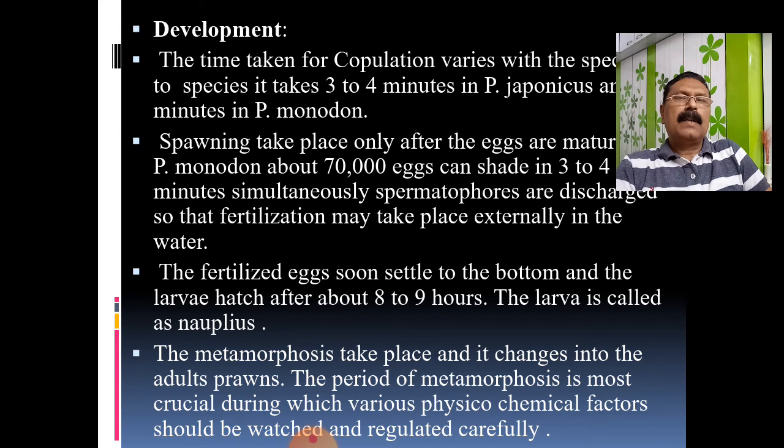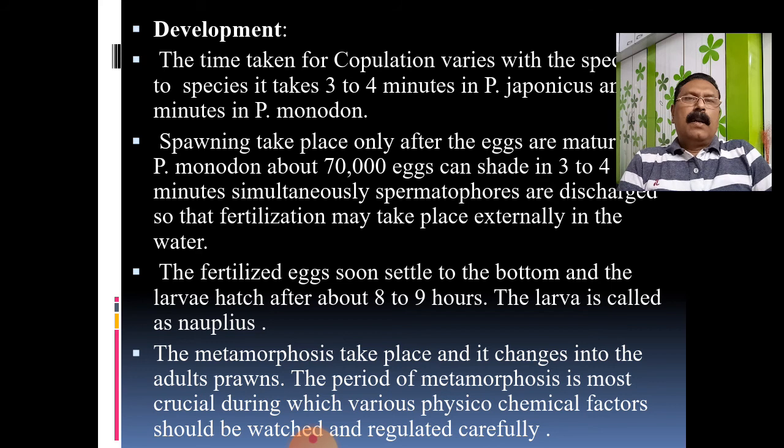In the same way here also, it takes time for copulation. According to the species, it takes near about 3 to 4 minutes in Penaeus japonicus, while it takes near about 80 minutes in Penaeus monodon.